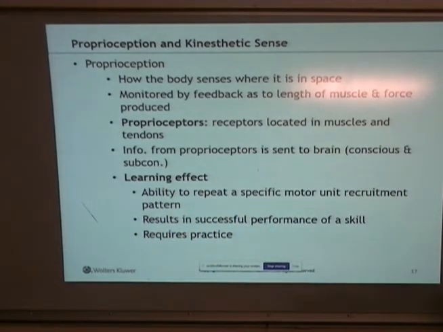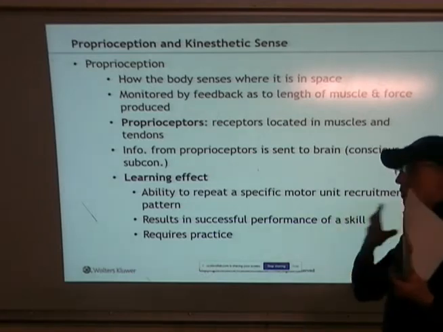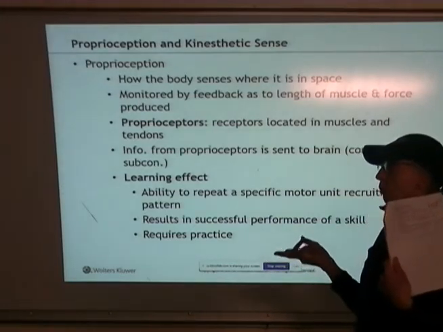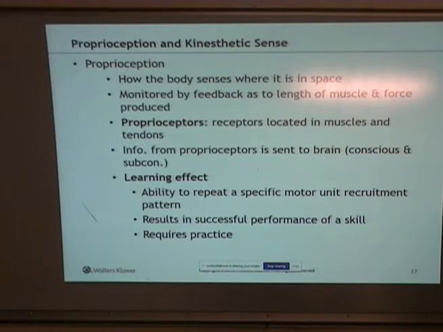So we have sensory organs, we've got touch and heat and pressure in our skin, we have joint receptors that send information, and in the muscles we have two kinds of proprioceptors, sensory organs, that we're interested in because of the information that they send to the central nervous system.